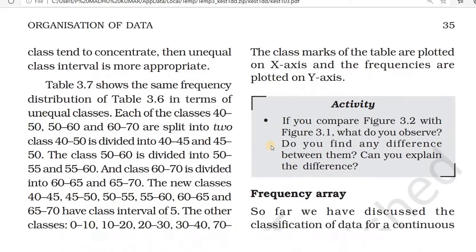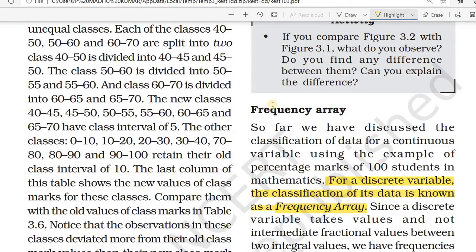After that we will not consider individual observations. Here the class 40 to 50 is divided into 40 to 45 and 45 to 50. Then the class 50 to 60 is divided into 50 to 55 and 55 to 60.